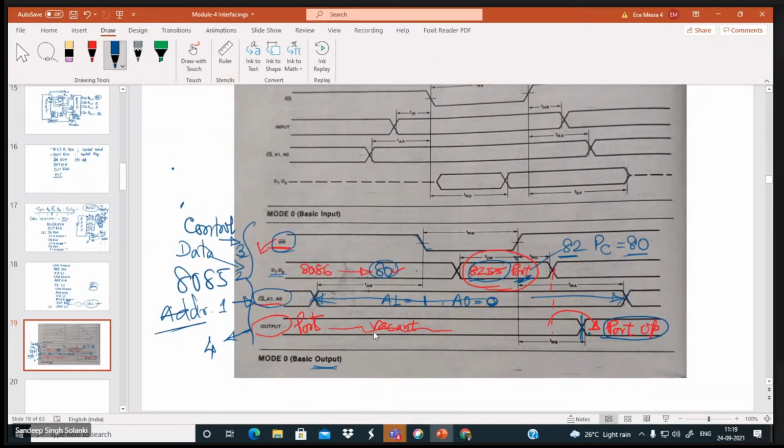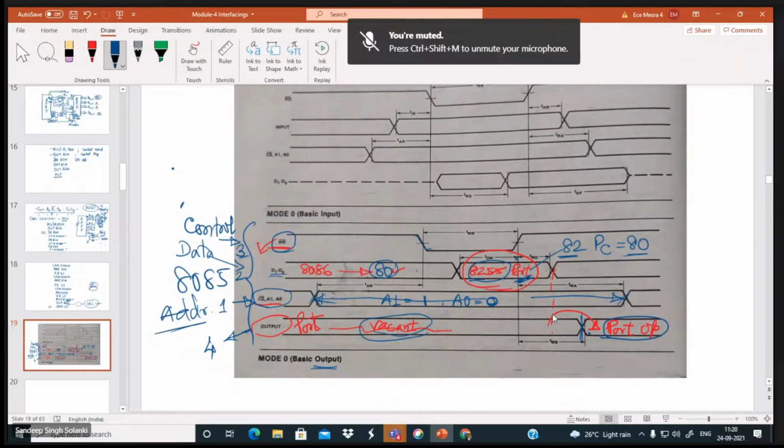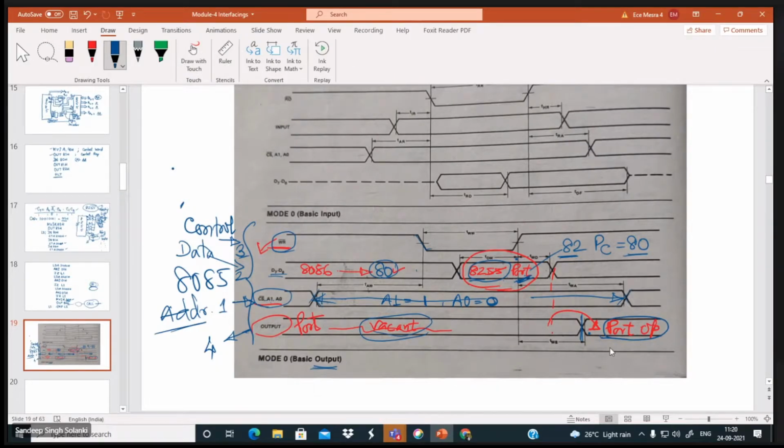See here, what I have written, it is vacant. The output pins of the port are vacant. It will be available only after this process of writing. The writing takes this much of time in the physical sense. But practically, when you observe, after a delay the value 80 is available on the pins of your port.